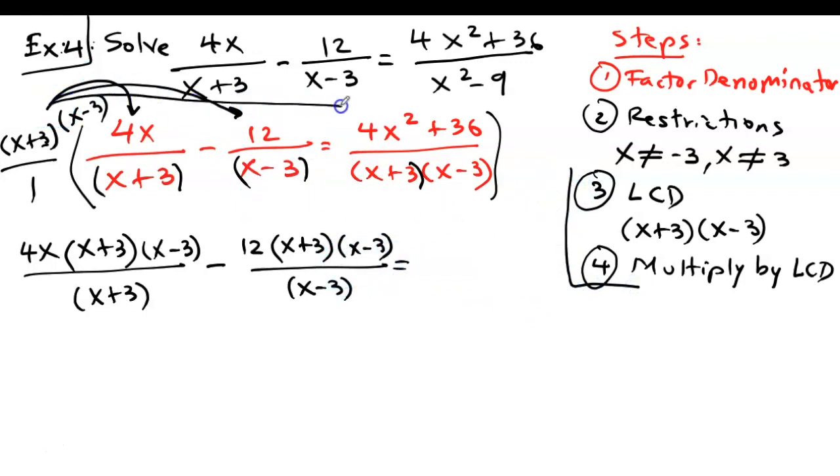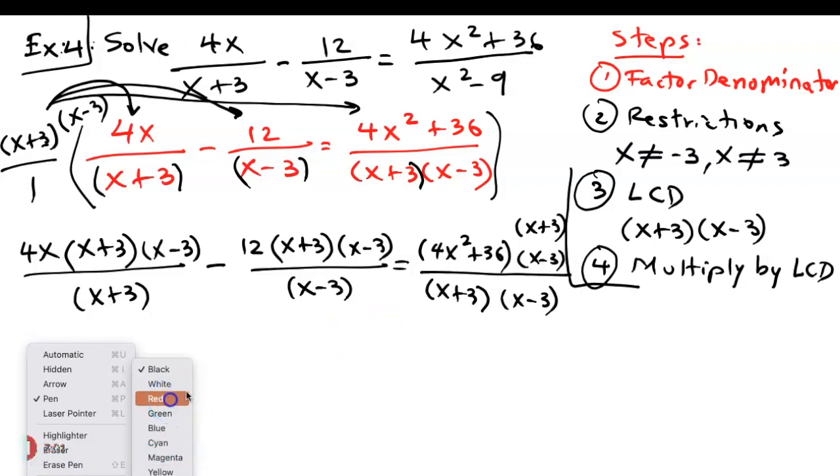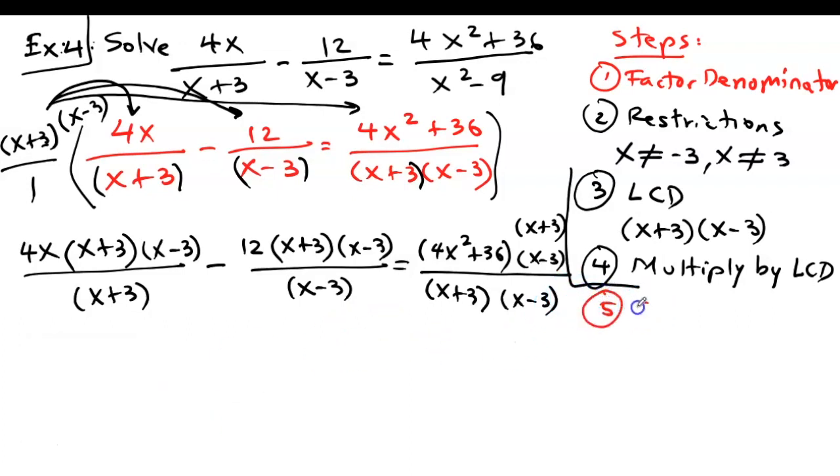My LCD times this on the top. So I'm going to put a parenthesis right there, 4x squared plus 36, times x plus 3 times x minus 3, all divided by x plus 3 times x minus 3. I'm sorry about this, but you know that all of those are multiplying on the top. Next step, simplify. Now that I multiplied, I'm going to simplify my common factors.